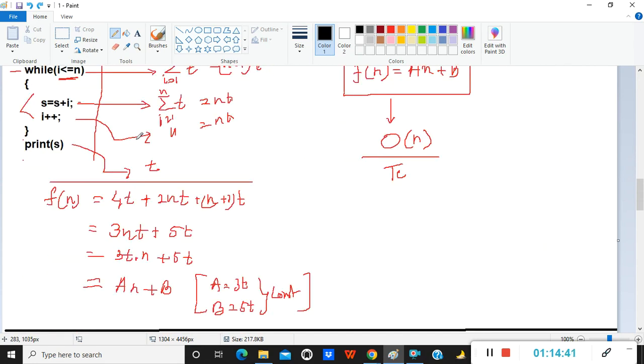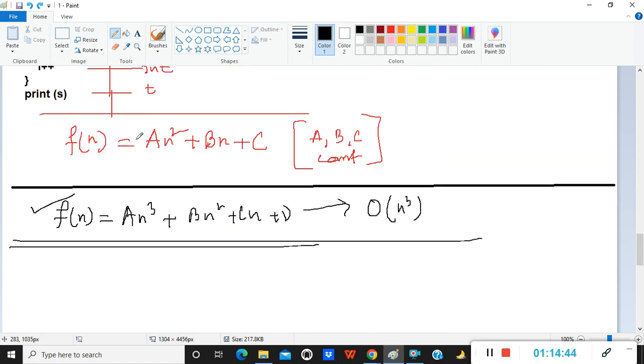Later we will use that function to find the time complexity. These are the complexities that we will have to derive. But here f of n is the mathematical representation of a particular algorithm.